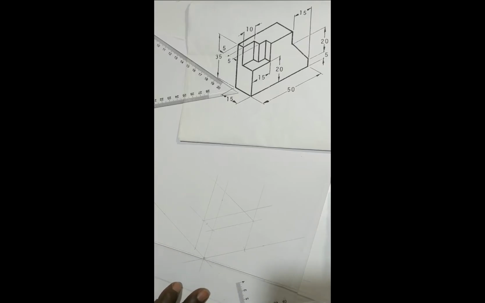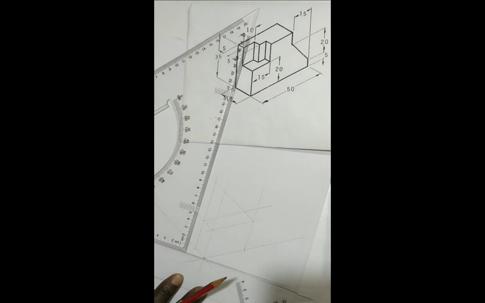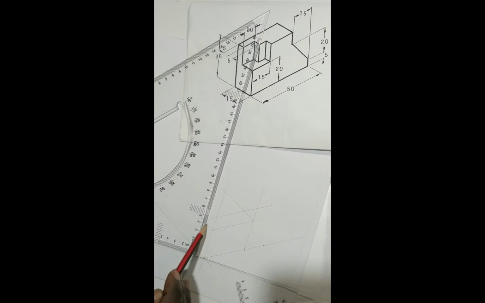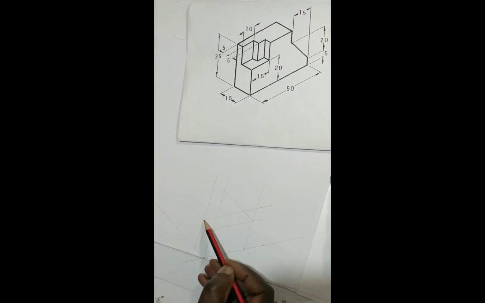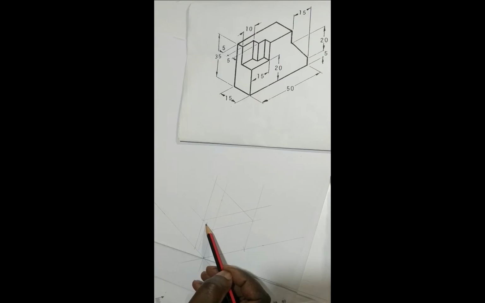So you align with the horizontal, then I bring it here. That is 5 millimeters. You can also draw a line parallel to this line from that point of 5 millimeters.